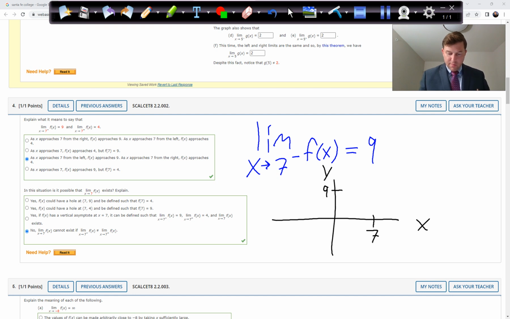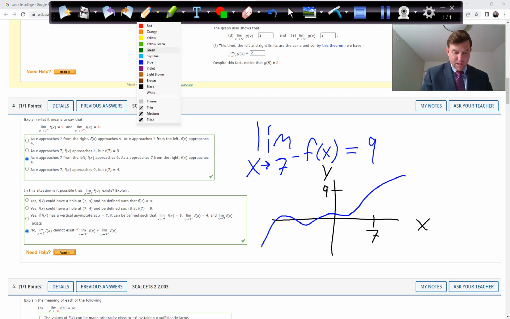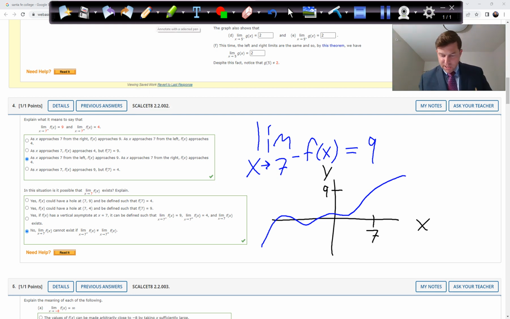I don't know what my function is doing necessarily. It's in here doing something, but as I approach 7 from the left, the function is approaching 9. And here's the words: as x approaches 7 from the left, the function of x approaches 9.